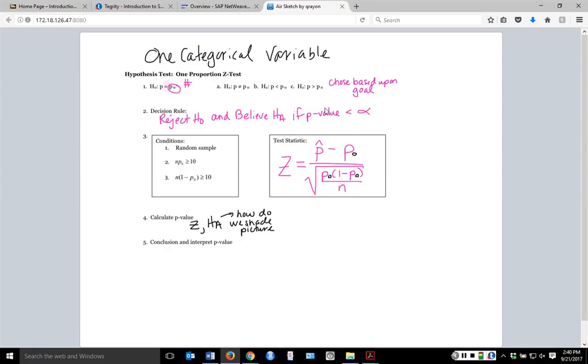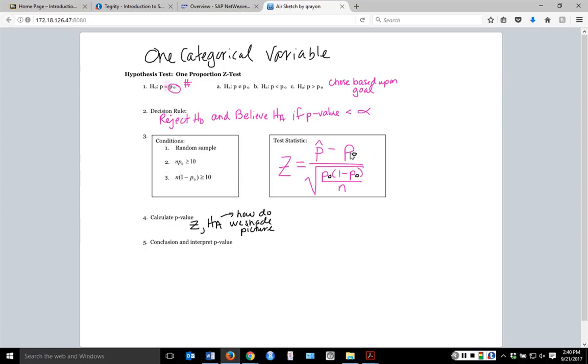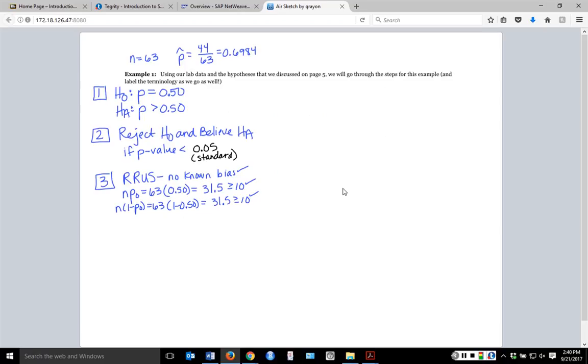Right, the next part is to calculate our test statistic. So we already have all of our numbers. Our p hat we had calculated, right? That's going to be our 0.6984 that we had. Our p0 is 0.5, and our n is 63. So we have everything to plug in.